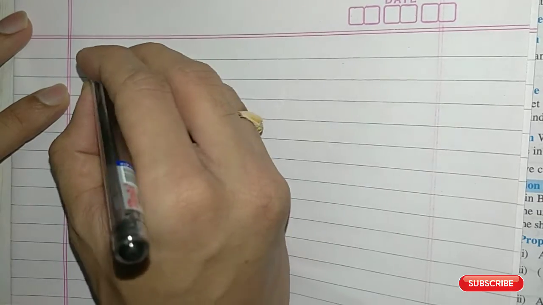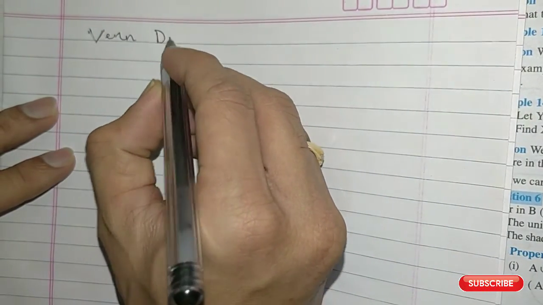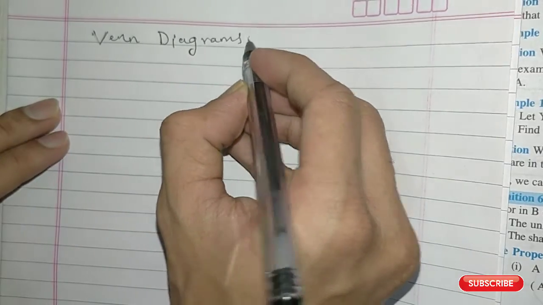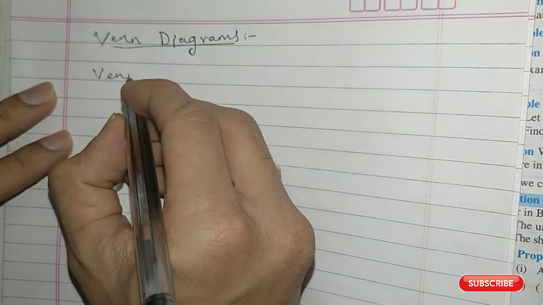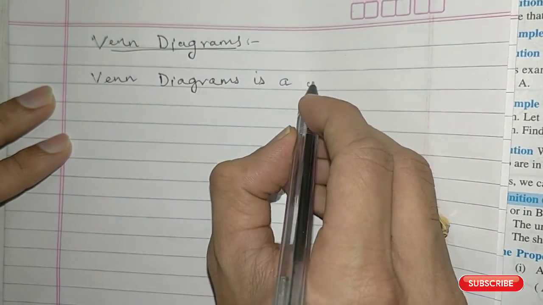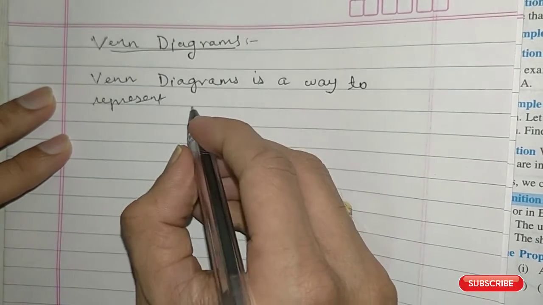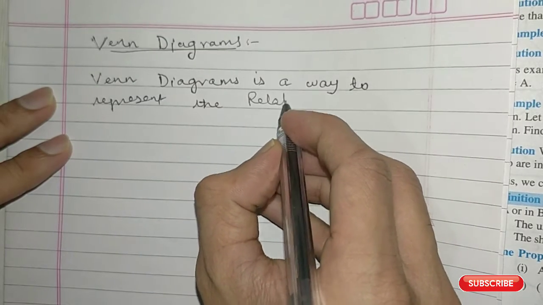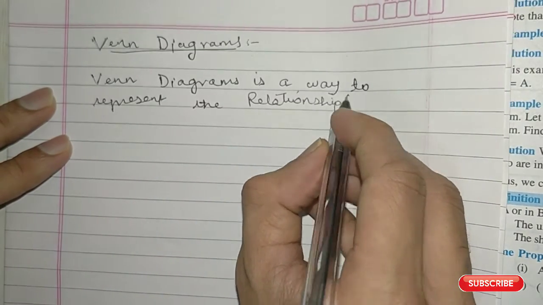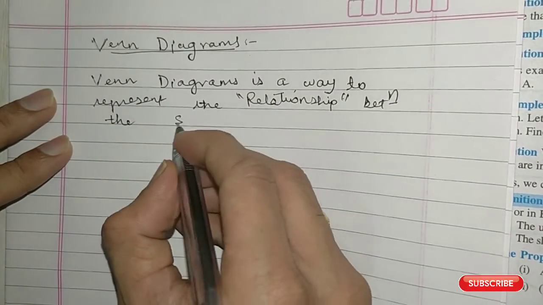So Venn diagrams are a way to represent the relationship between the sets.